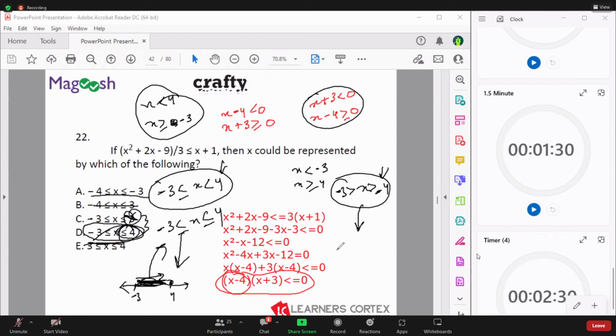For this inequality, since x is less than minus 3, it will be an open plotting. So all the negative values below minus 3 would be possible, and all the positive values above 4 will be possible. Here, the dots will be darkened because minus 3 and 4 are included. Here, minus 3 is not included and 4 is included.